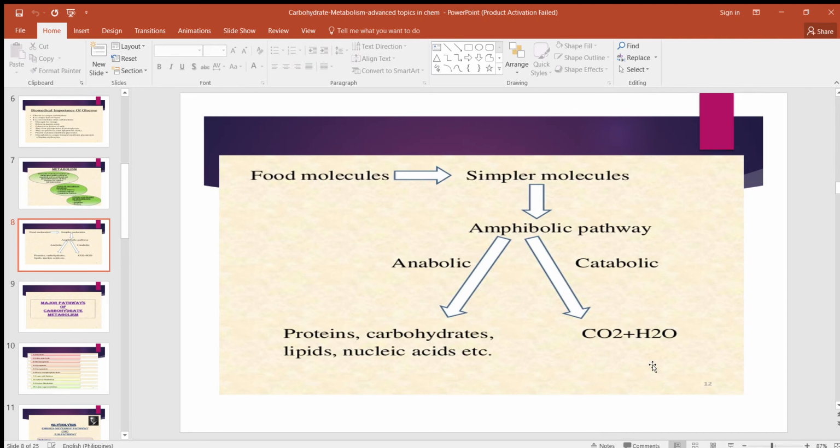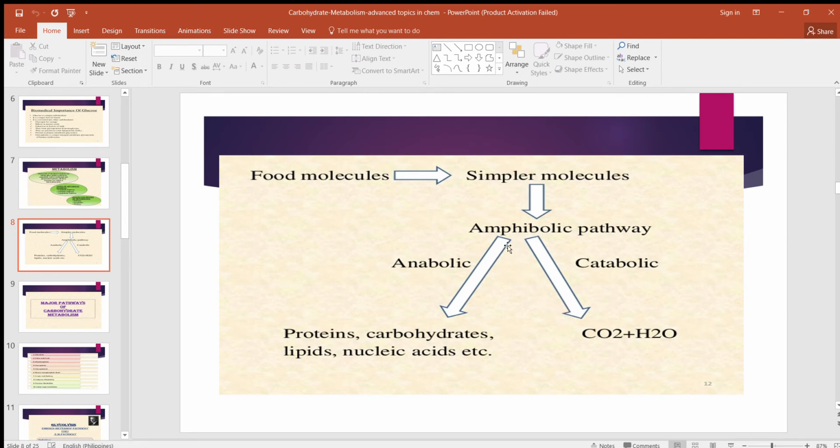Okay, so this is just a simple diagram wherein the food molecules na kinain natin, as I have said kanina, for example a polysaccharide like starch, can be converted into simple molecules. It can be transported via the amphibolic pathway, which can be anabolic and catabolic.